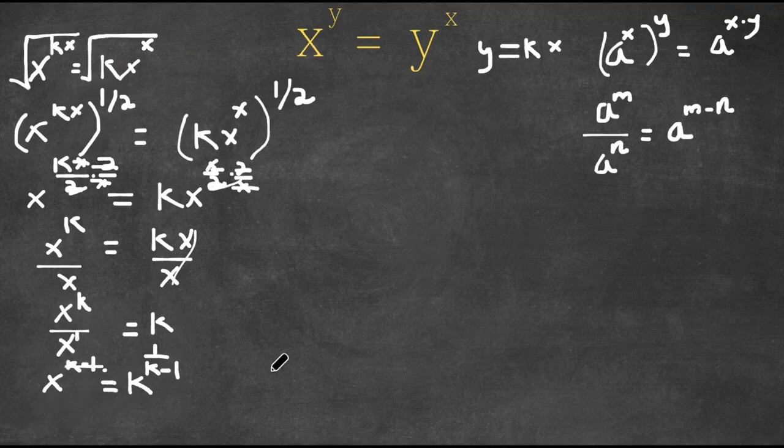So now x equals k to the power of 1 over k minus 1. So now we have our value of x.